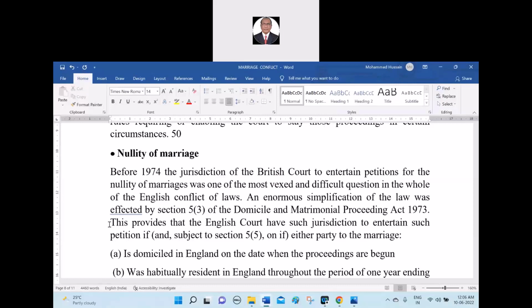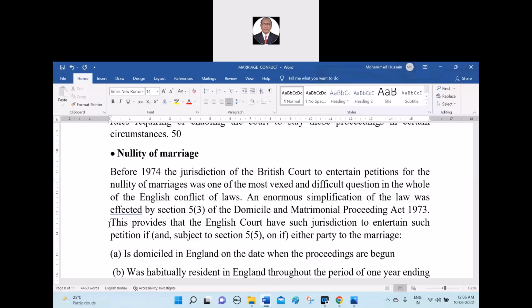If you know it, you tell me. If you don't know it, you say pass. Participants, what are the grounds for the nullity of marriage in Tanzania?